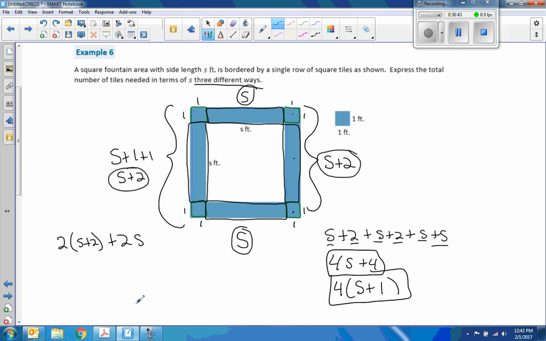Right? And then we can actually simplify this and say that is 2s plus 4, our distribution, plus 2s. Combining like terms, we get 4s plus 4, and sure enough, that's equal to that. Okay? So here is our other solution. So there's many different ways we can do this.